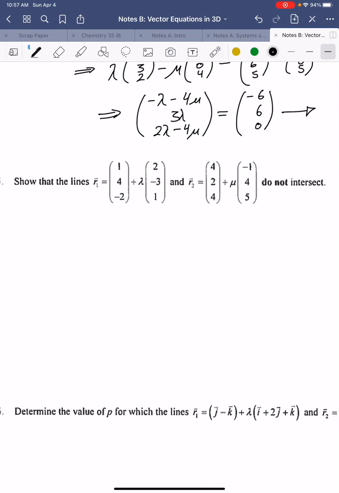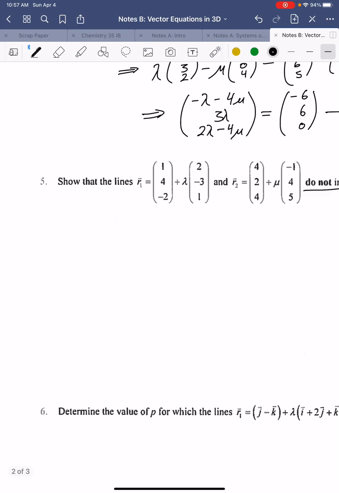Okay, so now we want to show that these lines do not intersect. Well, we're going to use the same exact method as we did before. We're going to do it a little differently just to show different versions.